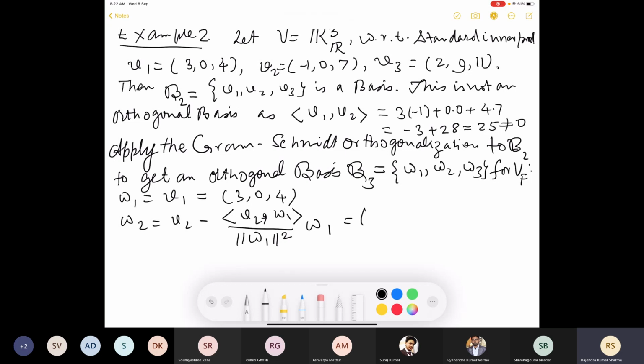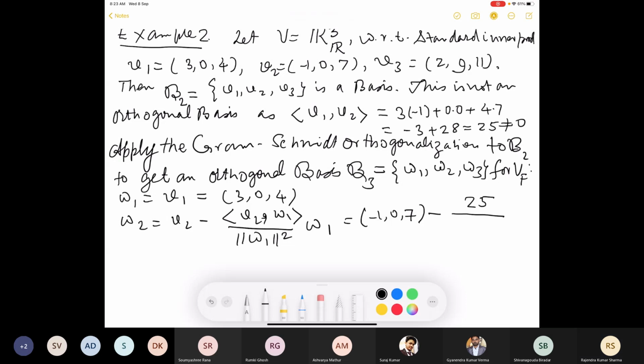V2 is (-1, 0, 7), minus the inner product of V2 with W1, which we have already calculated as 25, divided by the norm of W1 square.